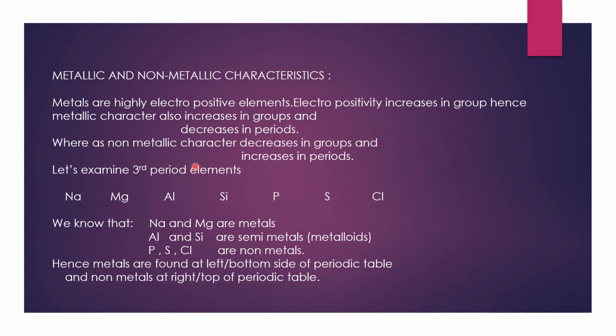Metallic character increases in groups because metals are highly electropositive and electropositivity increases in groups, while non-metallic character increases in periods.